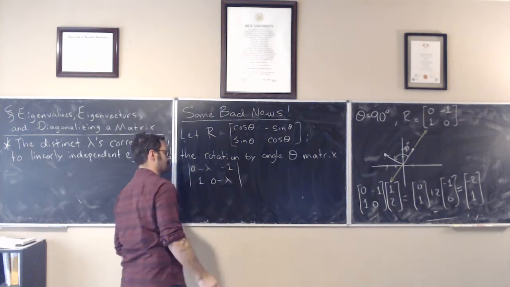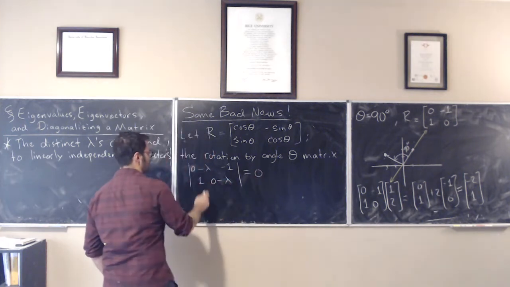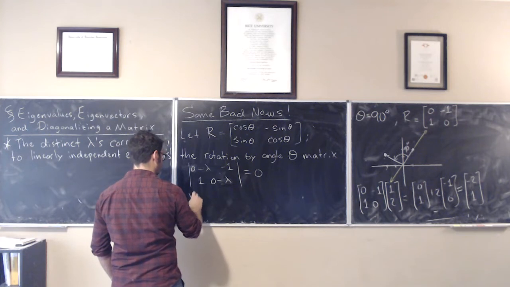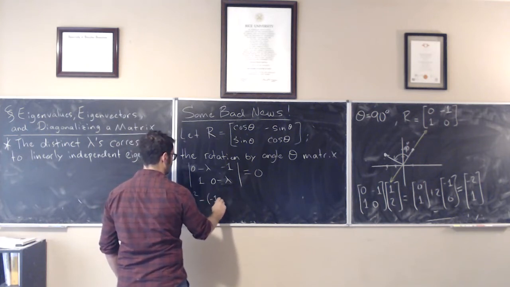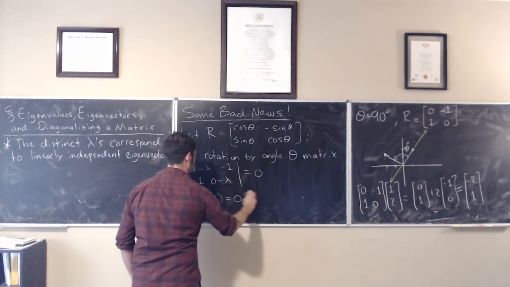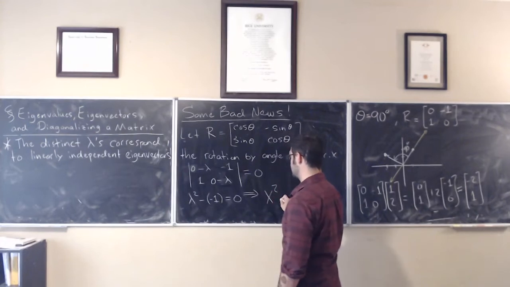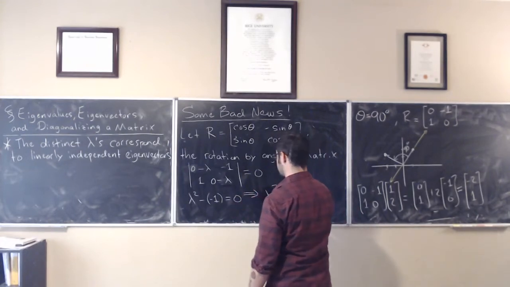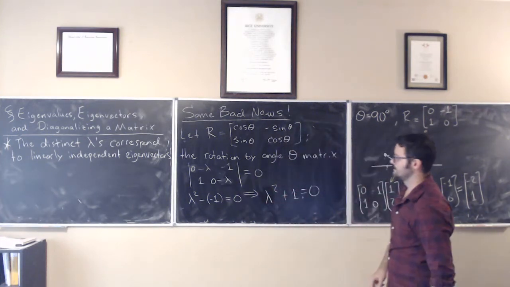We set that equal to 0, which means that times that minus that times that. So we get lambda squared minus negative 1, which is equal to 0, which means that lambda squared plus 1 is equal to 0.